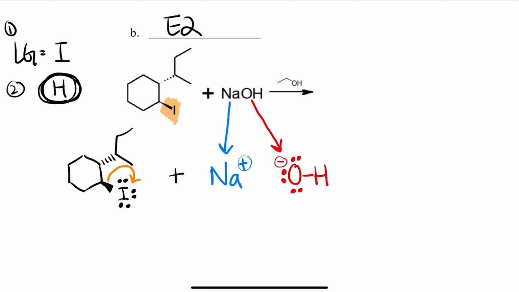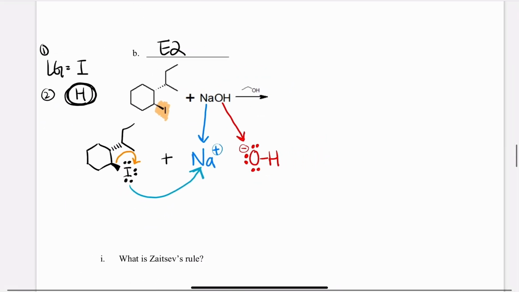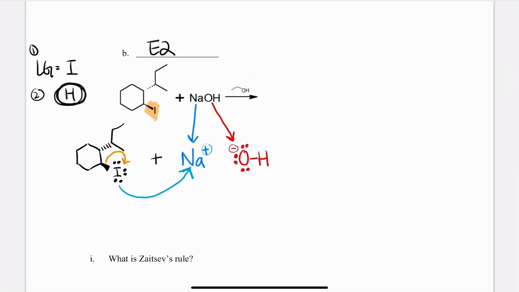Now, when it leaves, it immediately goes and connects with the thing that's opposite to it in charge, the thing that will balance it out, and that basically combines together. And that's always the positive thing. So it's always sodium or potassium, Na or K, right?